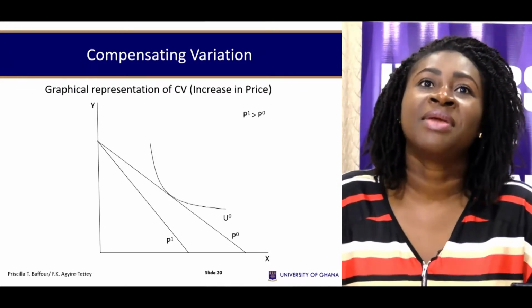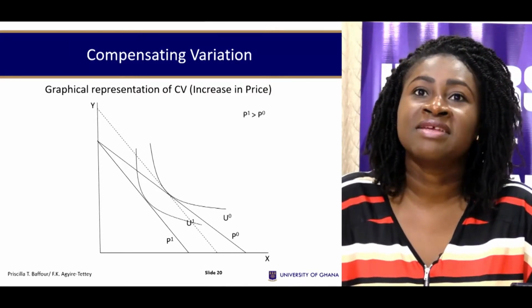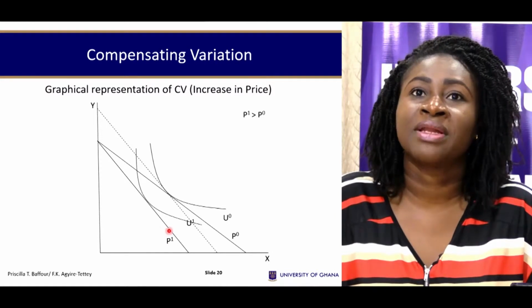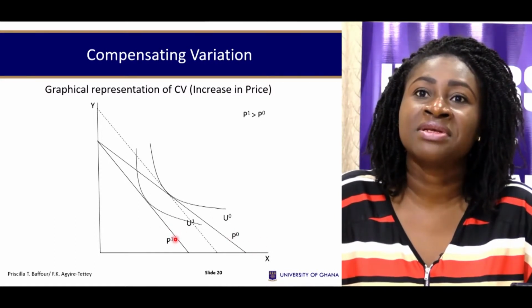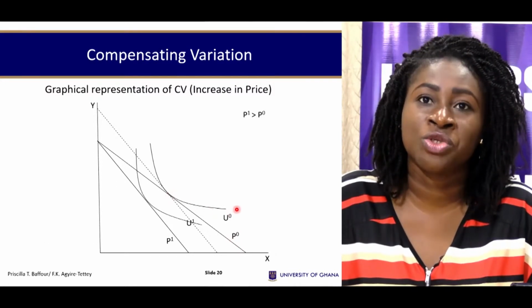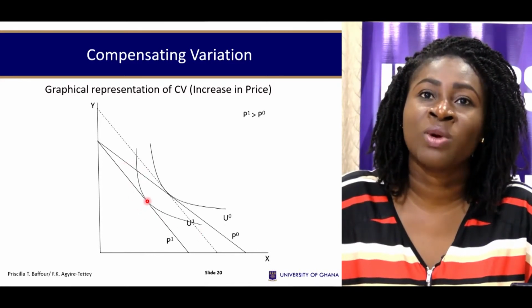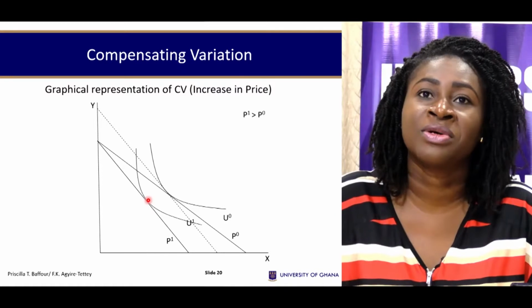So in this scenario, we see that for compensating variation, what has happened? We have seen an increase in price. This is your original price, P1, equilibrium level was here, utility level was U1. Price increases and you see the consumer is worse off because the new equilibrium point is here.